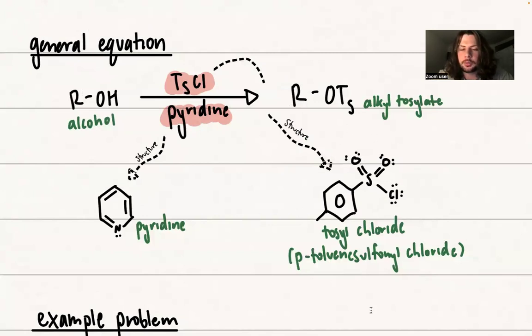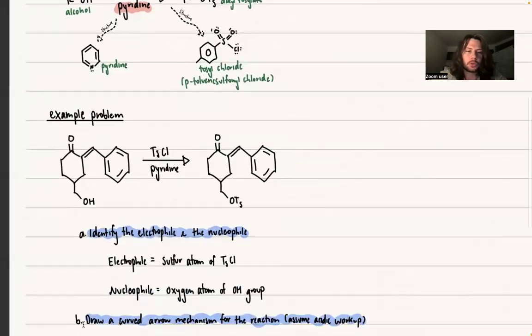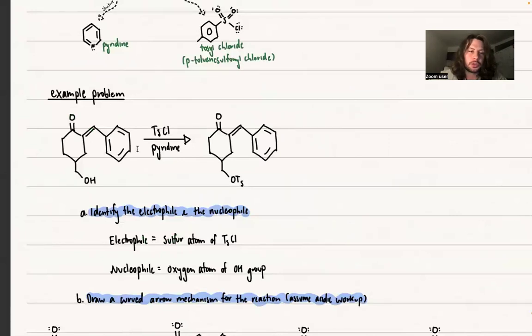It is also known as p-toluenesulfonyl chloride, whereas pyridine is on the left right there. It's going to be a strong non-nucleophilic base that's going to be really important for the prevention of other acid formation like hydrochloric acid.